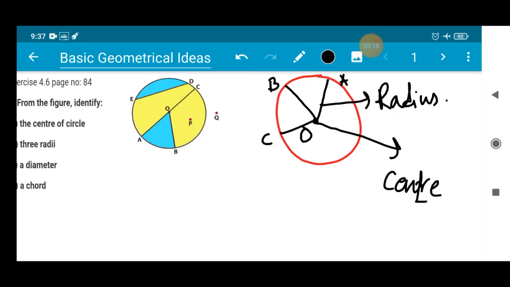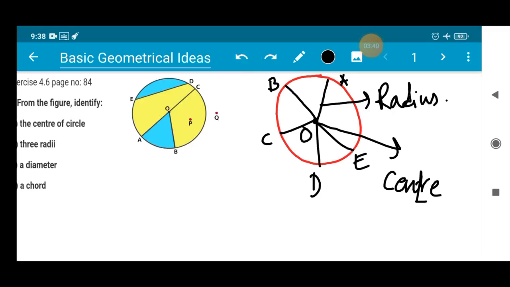If I make C here, D here, all these are radii, right? So you may find more than one radius. The plural form of radius is radii. You may have one radius in one circle, or more than one.